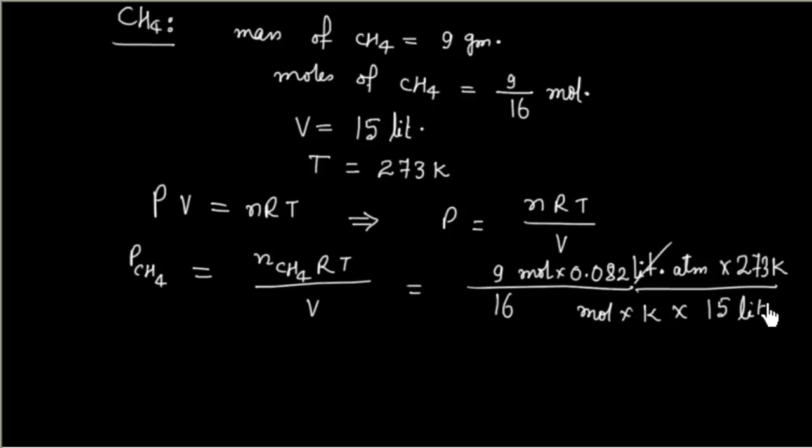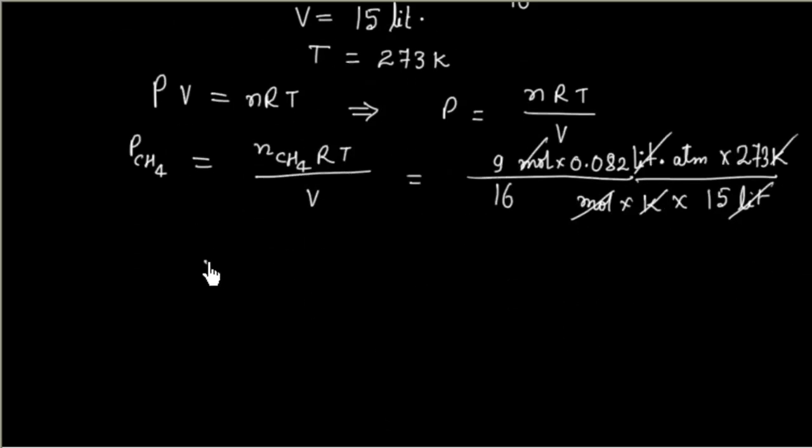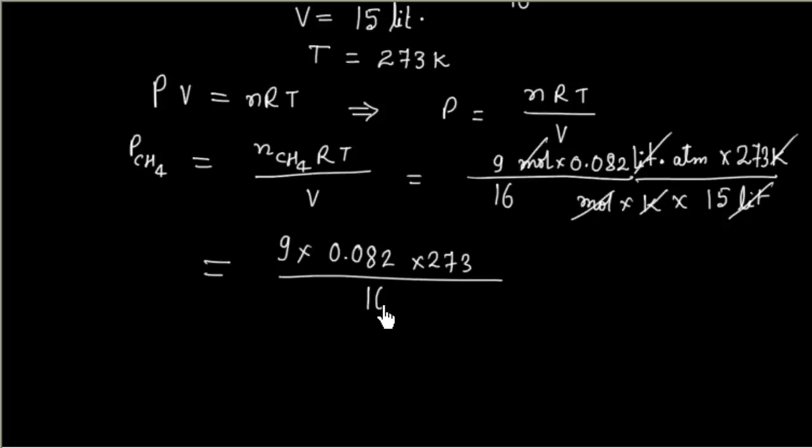So you see liter goes, mole cancels, Kelvin cancels, so we will have pressure is equals to 9 into 0.082 into 273 divided by 16 into 15 atmospheric pressure.